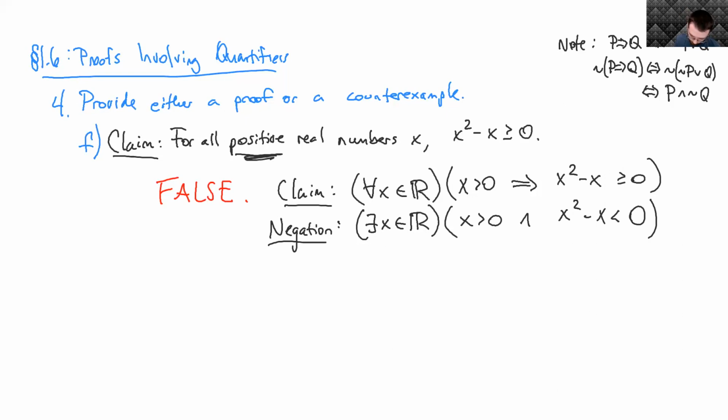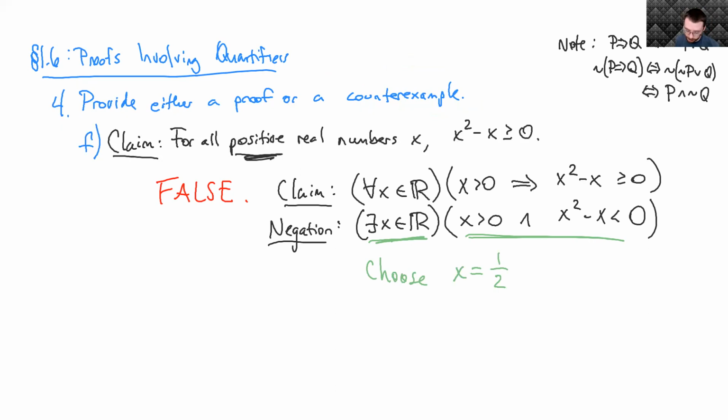So if I'm saying the claim is false, the negation has to be true. Essentially, I'm going to exhibit a counterexample. So the counterexample comes from picking a number x that satisfies both of these things. And the value of x I can pick is just x equals 1/2.